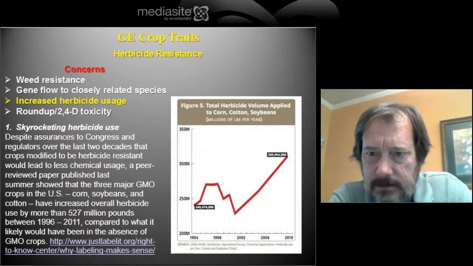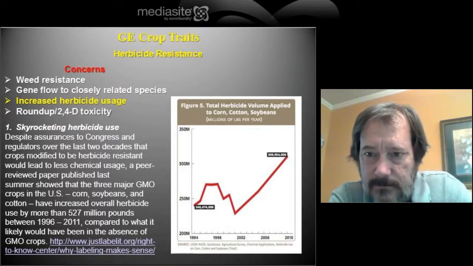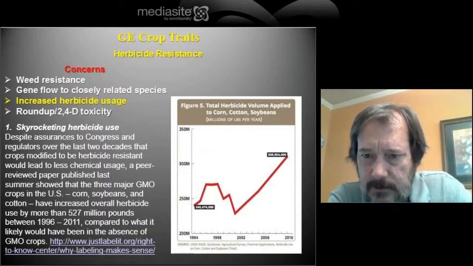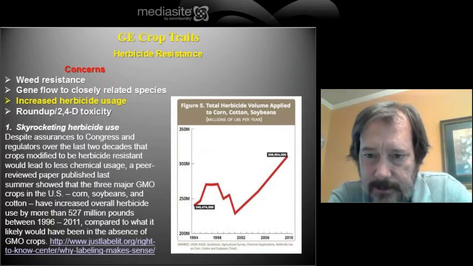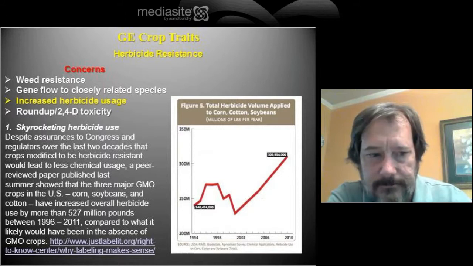And certainly this chart on the right came from Food and Water Watch. If you look at the total pesticide usage over that period, it did increase. And that's where I think Mr. Hirschberg got his figure of 527 million pounds over that period. But that chart doesn't tell the whole story.